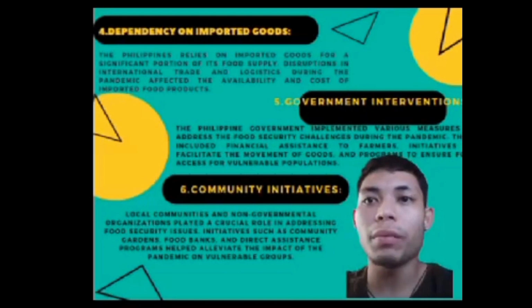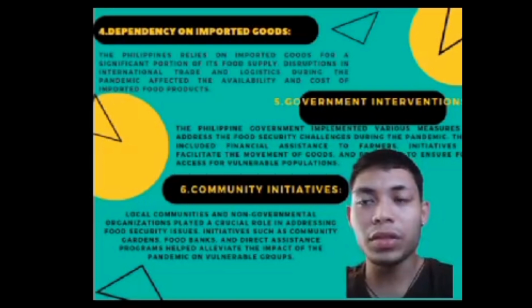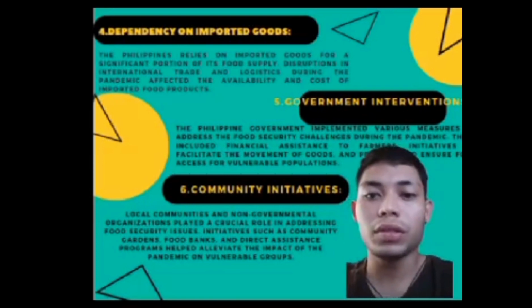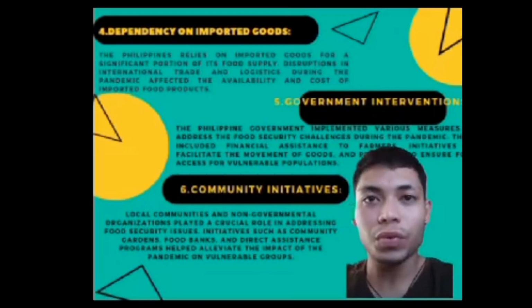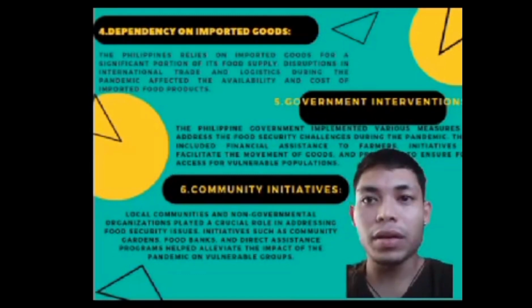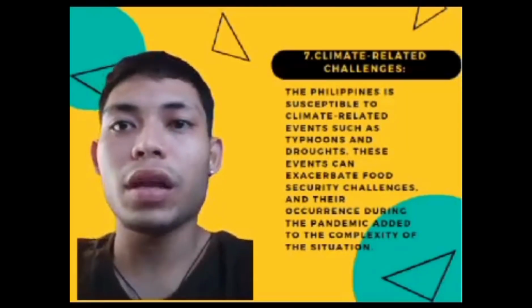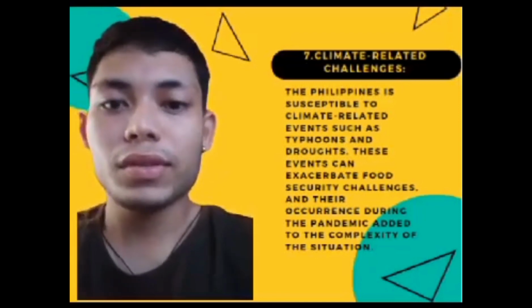for vulnerable population. So the sixth is community initiatives. Local communities and non-governmental organizations played a crucial role in addressing food security issues. Initiatives such as community gardens, food banks, and direct assistance programs help alleviate the impact of the pandemic on vulnerable groups. So the last one is climate-related challenge.